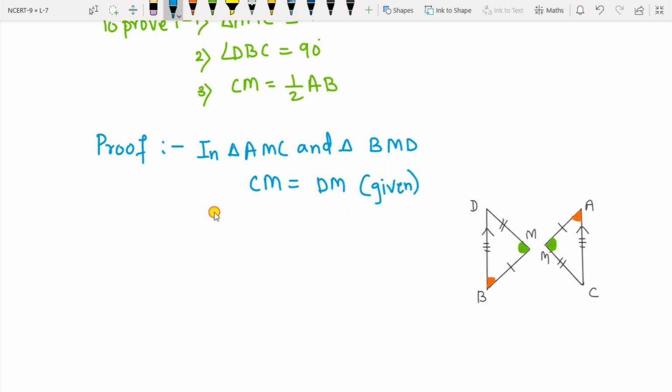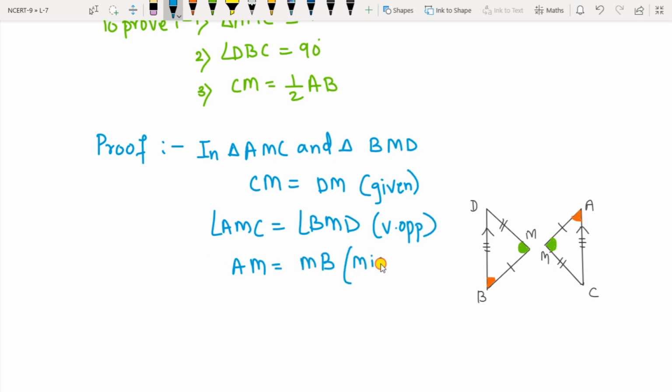Then angle AMC is equal to angle BMD. These two angles are equal since they are vertically opposite angles. Then AM equal to MB. Why? M is midpoint. This side equal to this side because M is midpoint of line segment AB.